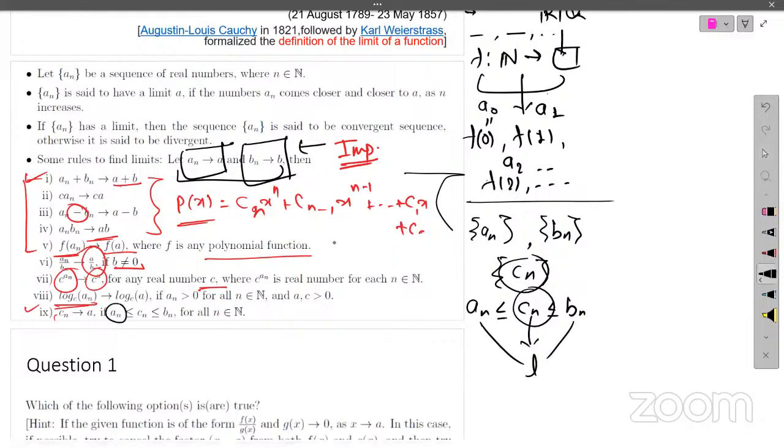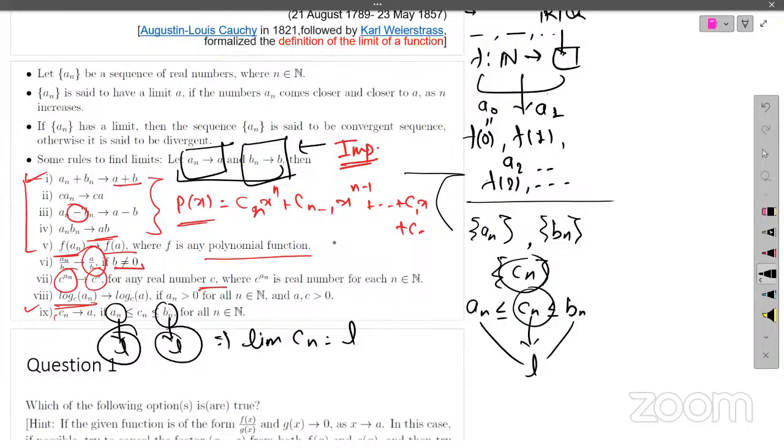So if aN converges to limit L and bN converges to limit L, then this condition implies that the limit of sequence cN is also equal to L. Because of the same limit, we can force the sequence cN to converge to that limit. So these are the basic rules for finding the limit of a sequence if it is made by two sequences whose limits are already known to us.